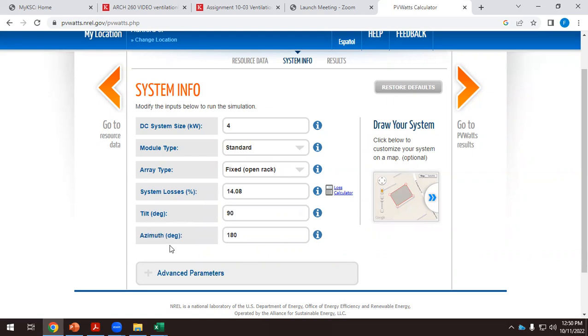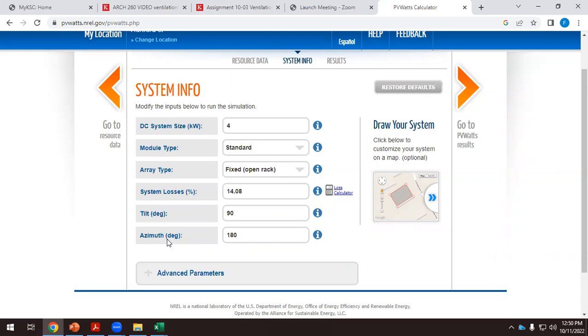And then the azimuth is the angle with respect to the south or north. It depends. We have a line that is the north-south line, and then there's another line that is the east and west.